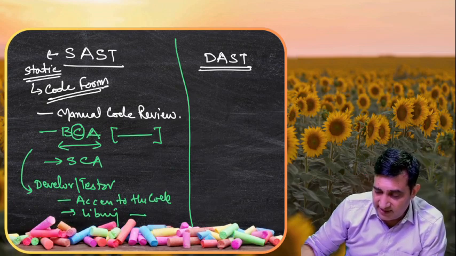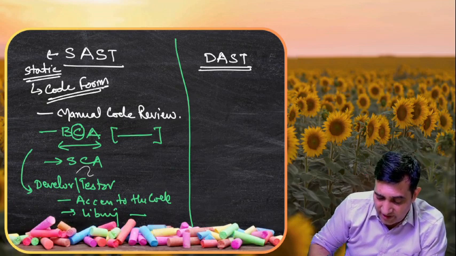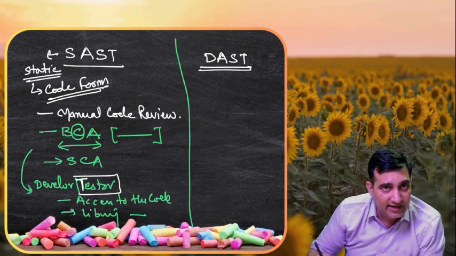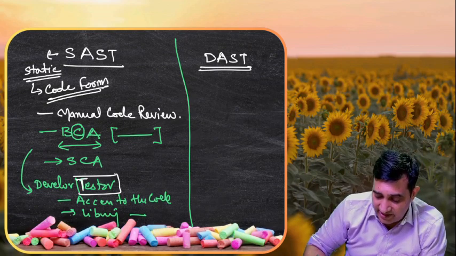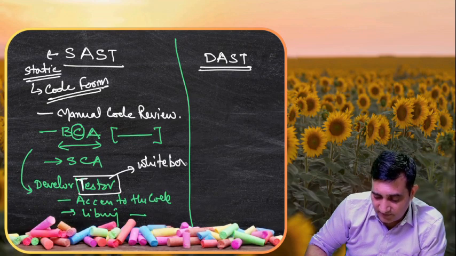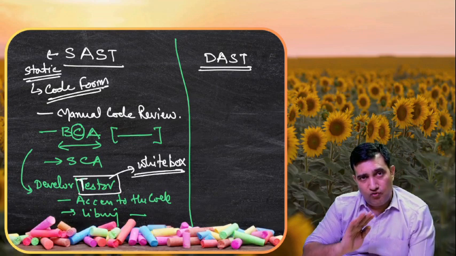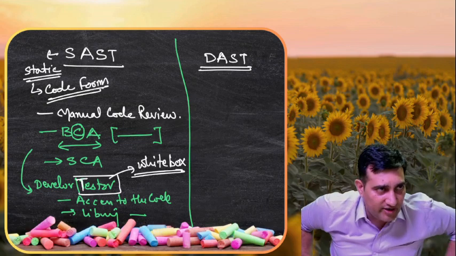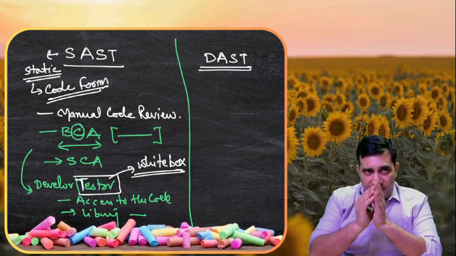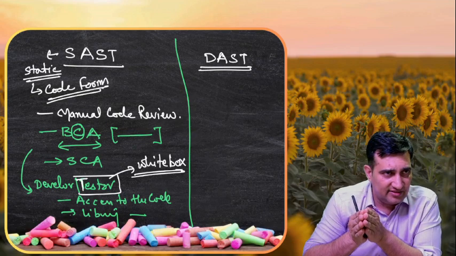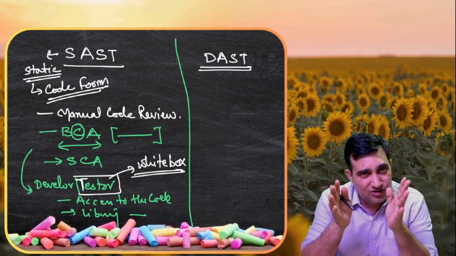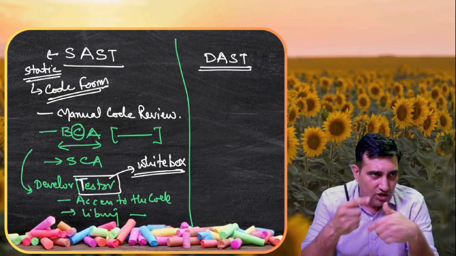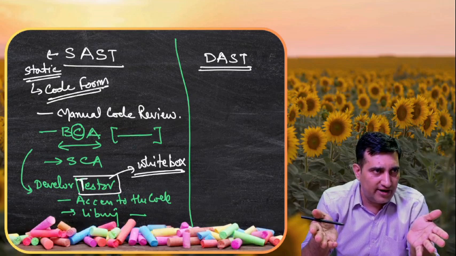So in this case, the tester has more knowledge about the entire software they are going to test. This kind of approach is called white box, where the tester has full knowledge about the particular code or the particular software. That's called white box. So when we do most of the SAST exercise, it is mostly white box, because at the end of the day you actually have access to the code, right?